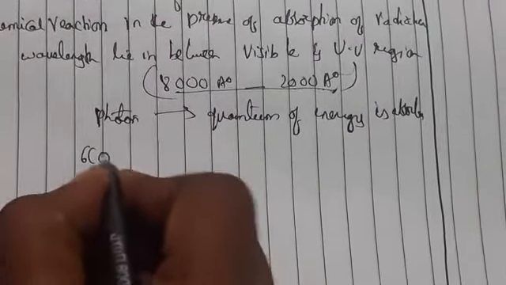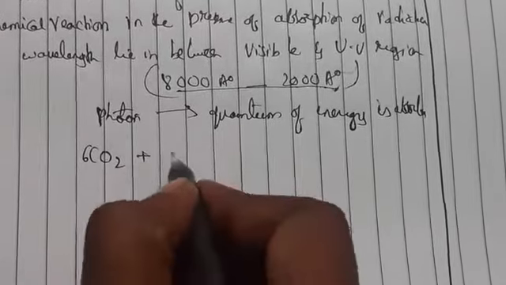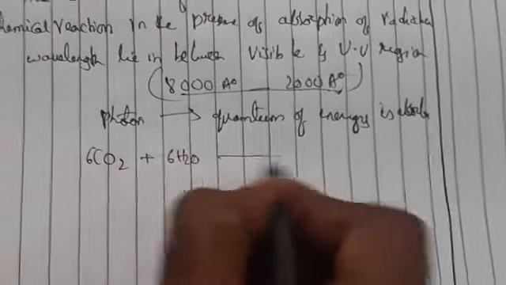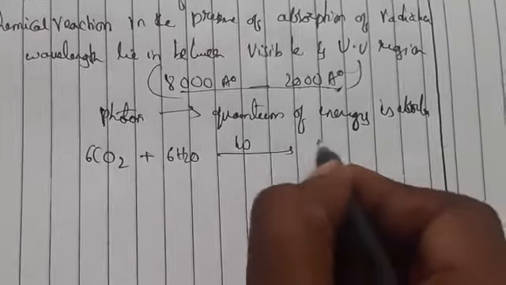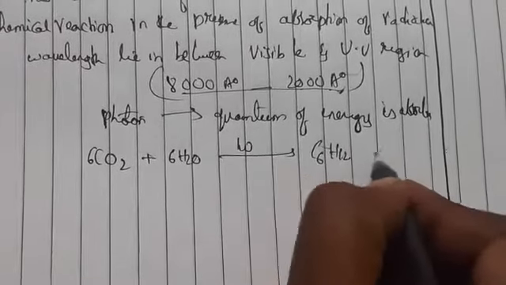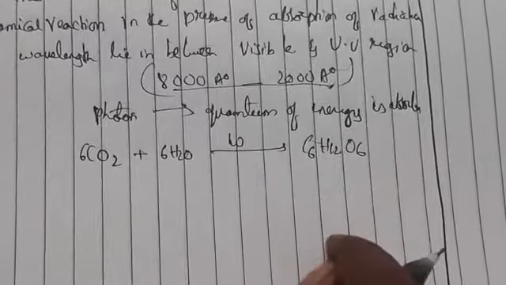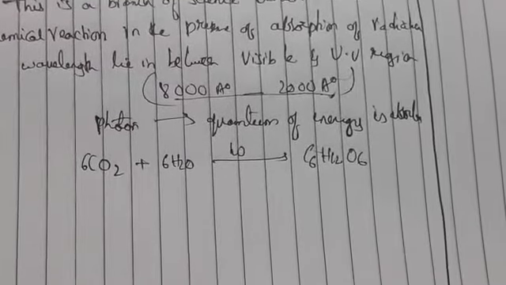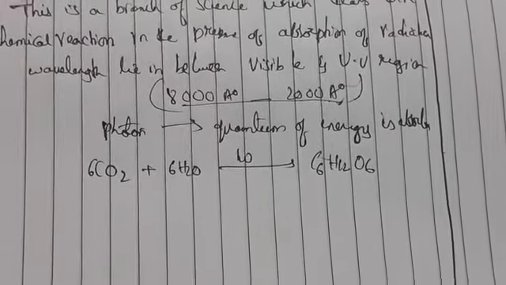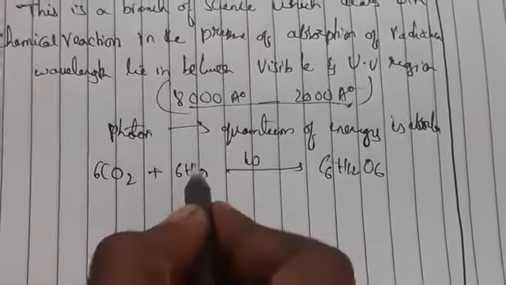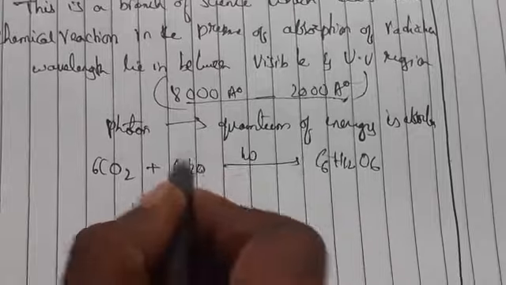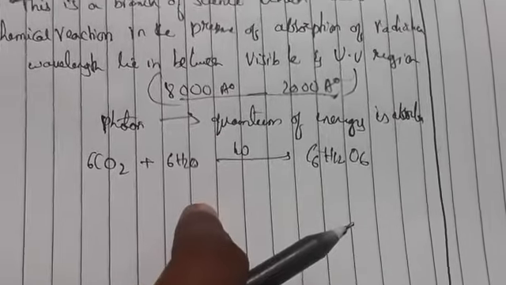When you take 6CO2 and 6H2O in the presence of light, what is it going to give? C6H12O6.